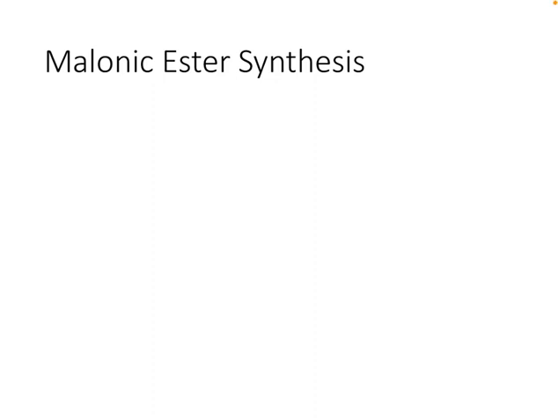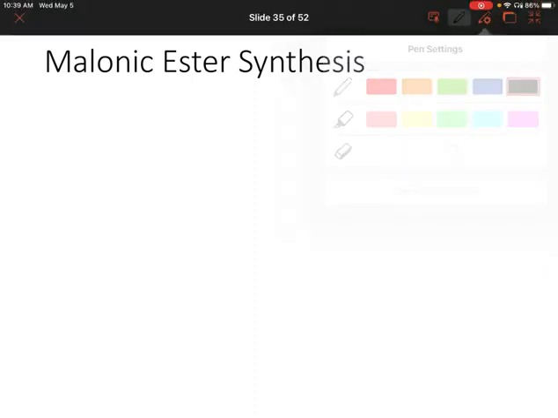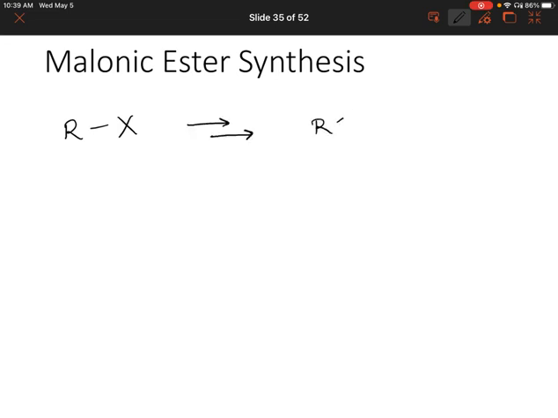Hi everyone! In this video we're going to go over the malonic ester synthesis. This is a really interesting synthesis because we're going to turn a halogen from an alkyl halide into a carboxylic acid.